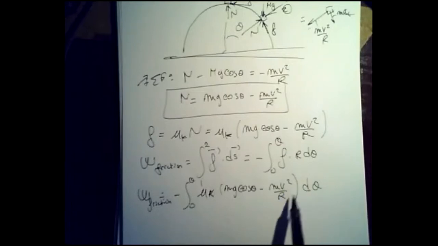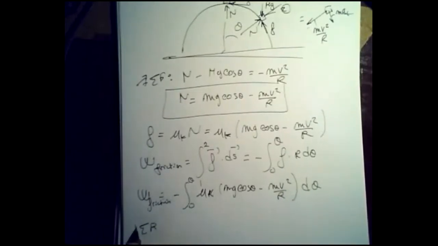So we need to find AT. How do you find AT? Just sum the forces along the AT direction. From here, we have only mg sine theta.